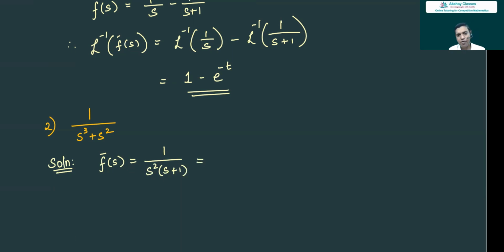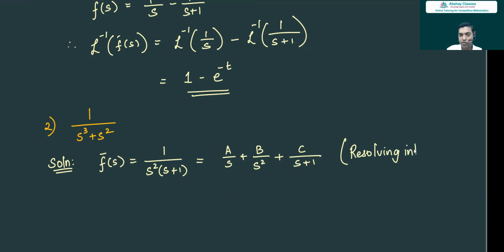So now we have to resolve this into partial fractions. Now how to resolve this? We can have a by s plus b by s square plus c by (s plus 1). Okay, this is resolving into partial fractions.